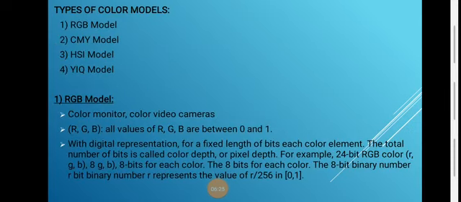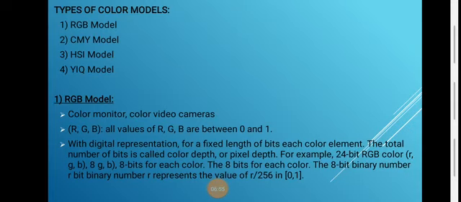The first color model is the RGB color model. It is used in color monitors and video cameras, and the normalized value of each of R, G and B lies between 0 and 1. In a digital representation, each color is represented by a fixed length of bits. Supposing we define an 8-bit image for each of R, G and B, then 8 times 3 gives a 24-bit RGB image.